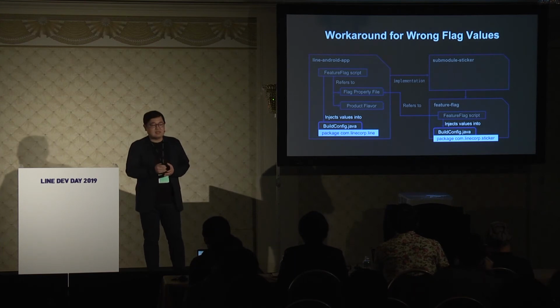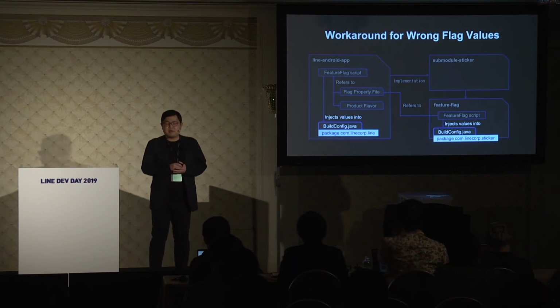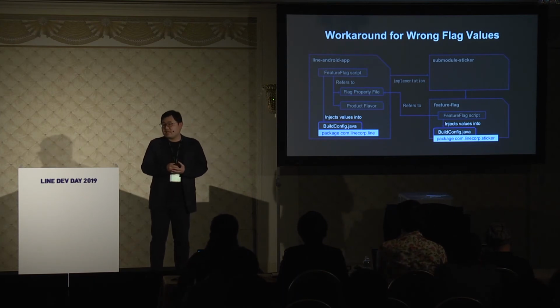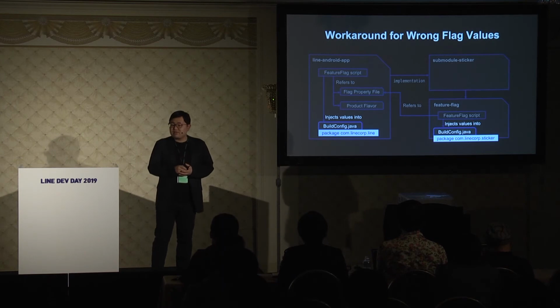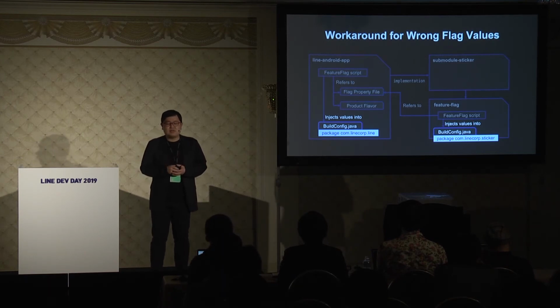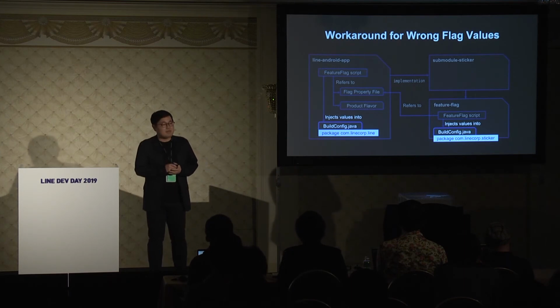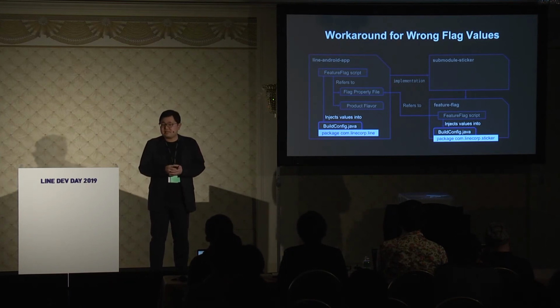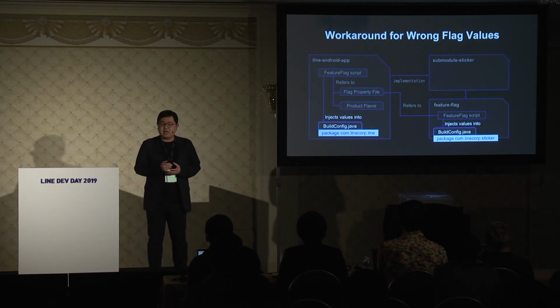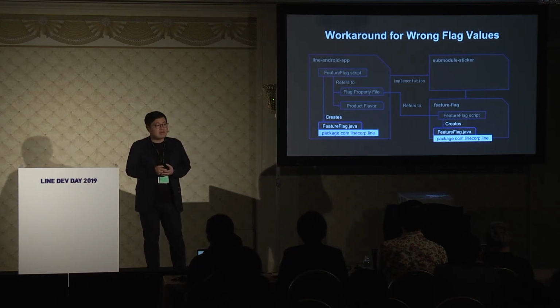But this build config class is managed by the Android Gradle plugin. So this state is not sufficient. Still, it is a different class. And another reason to generate the different value is the build config is a different class of a different package. So still, there is a problem.